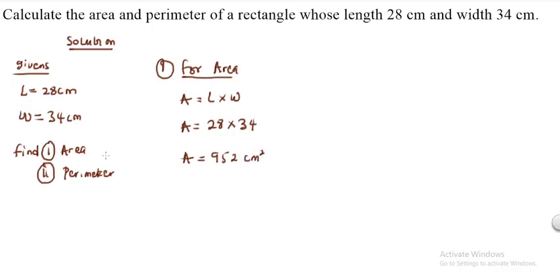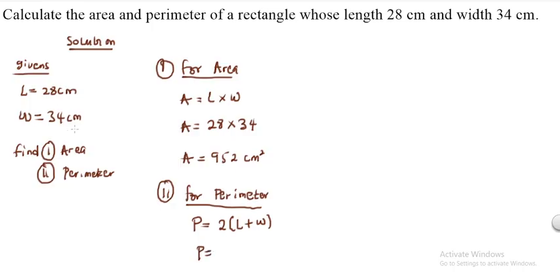So the second thing we are finding here is the perimeter. So I'll say for perimeter, the perimeter of a rectangle is given as 2 open brackets L plus W. So the perimeter here is equal to, if I substitute everything into this formula, 2 open brackets, the length is 28 plus the width is 34.